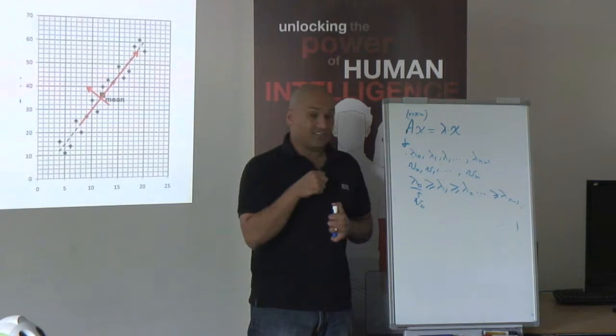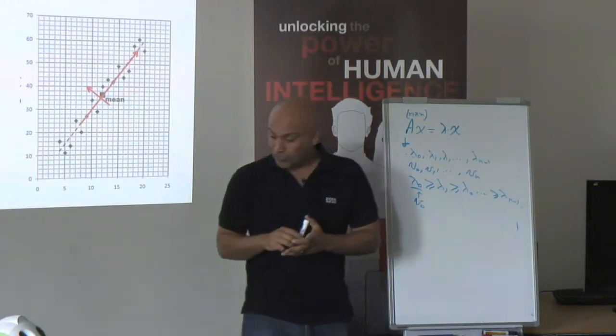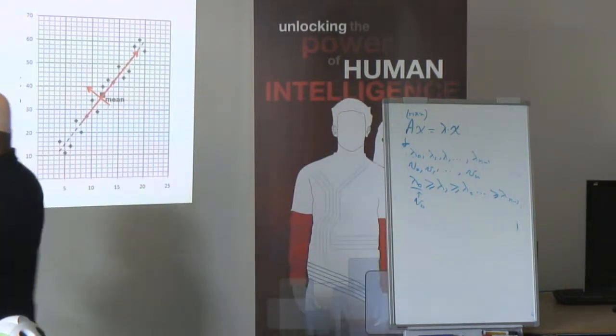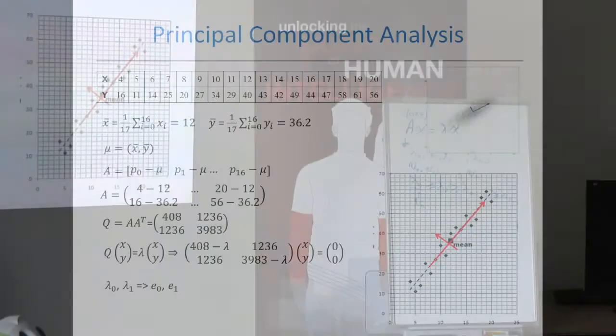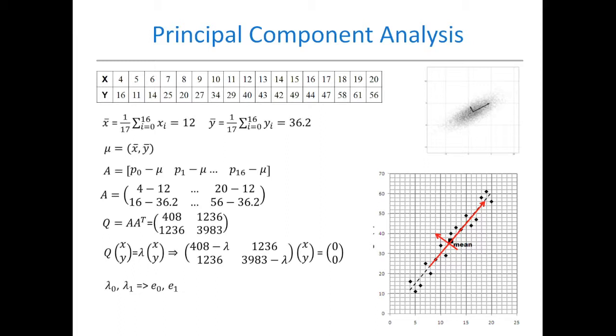So again, we use the same technique in order to create these points, and this is pretty much what we are doing. We get this set of points, and here I'm just running through a very simple example. We compute the average, x bar, y bar. In this case, I get x bar equal to 12 and y bar equal to 36.